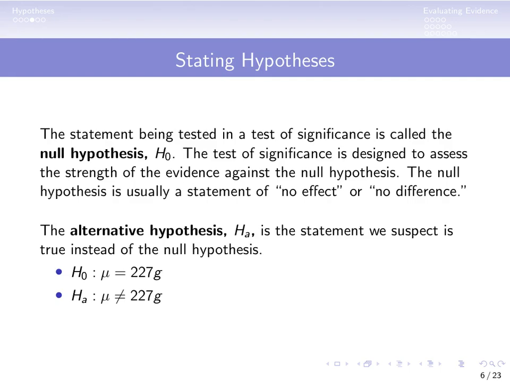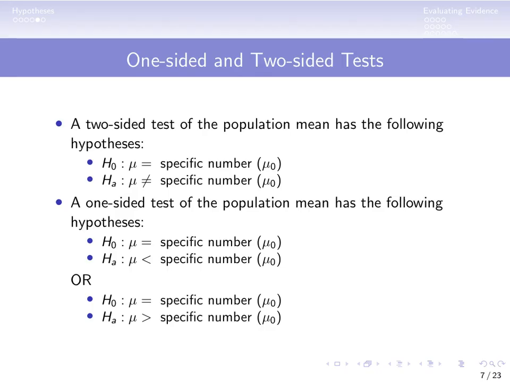There are actually a few different ways to write the alternative hypothesis. What we saw in the previous example is called a two-sided test, because the alternative says the population mean is different from a specific number, which in this example is 227.